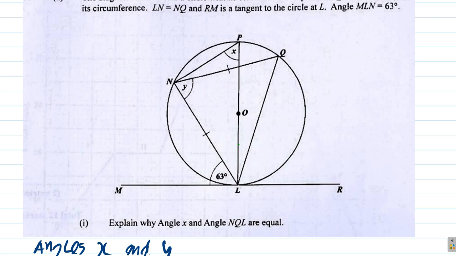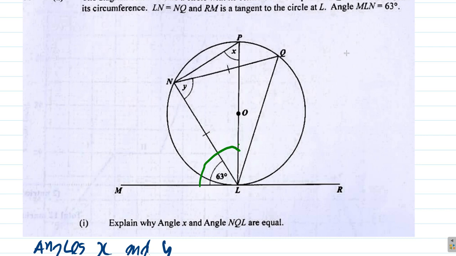This is the diameter, and this is the tangent to the circle, where the diameter and the tangent to the circle intersect at the point of tangency. So therefore this angle is 90 degrees.